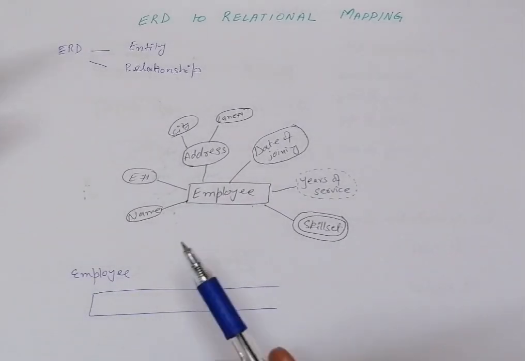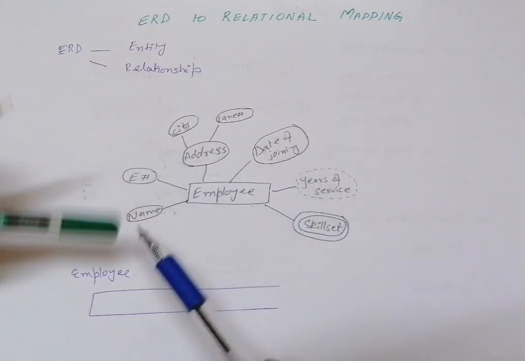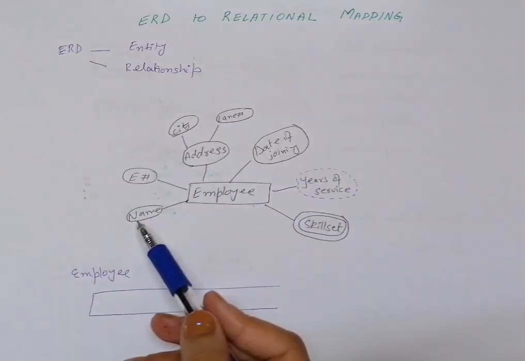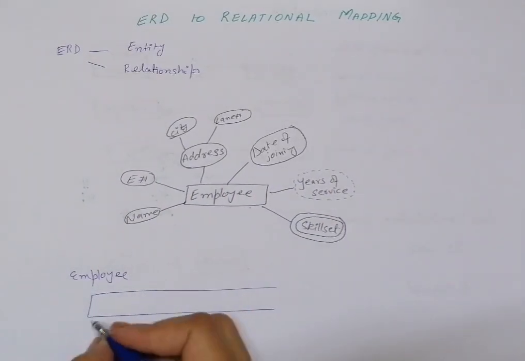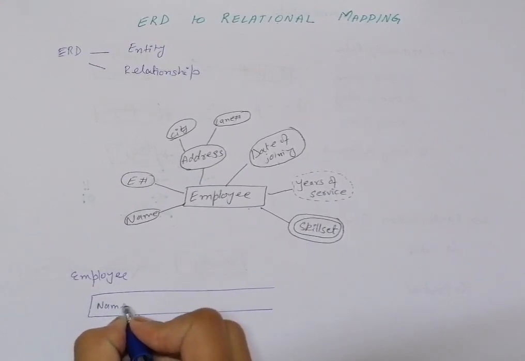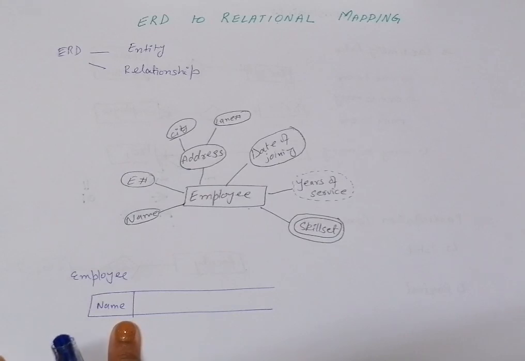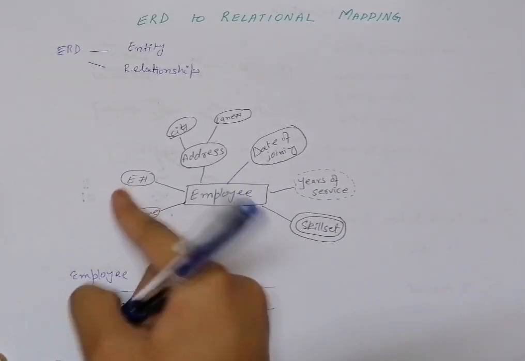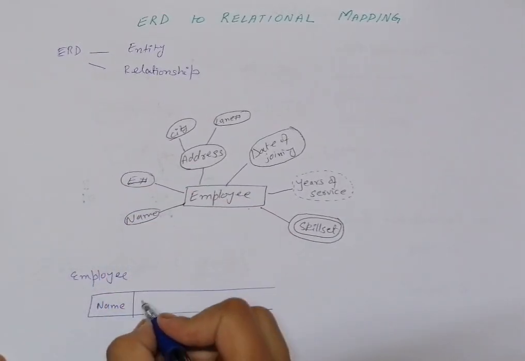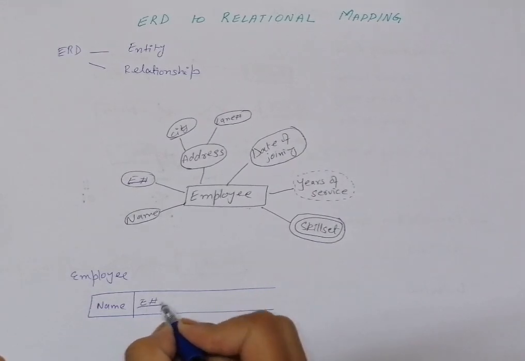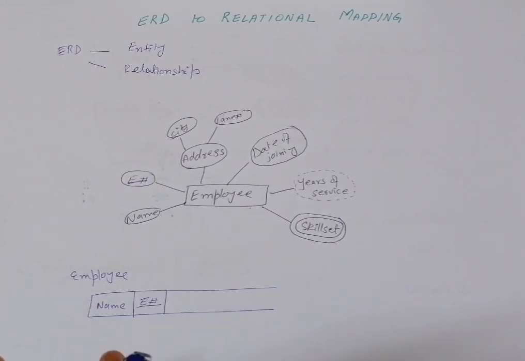Now I'll map all these attributes accordingly. Name is a single valued attribute, so a single valued attribute will become a simple column of the table. Similarly, I have employee number, which is a primary key, so it will become the primary key or unique identifier of this relation.